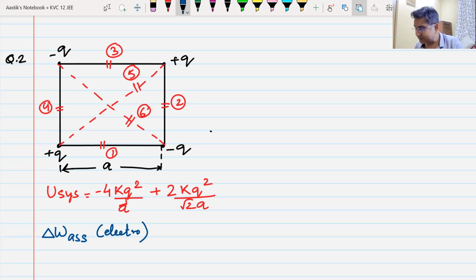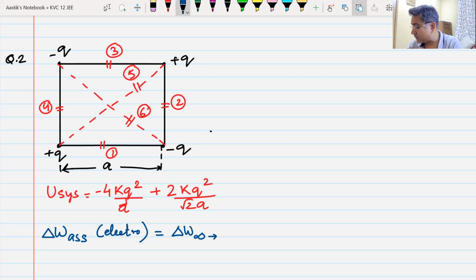Do you understand this? So work done in assembling this system, if I write it in symbols, will be work done in moving all these charges from infinity and placing them in this configuration.